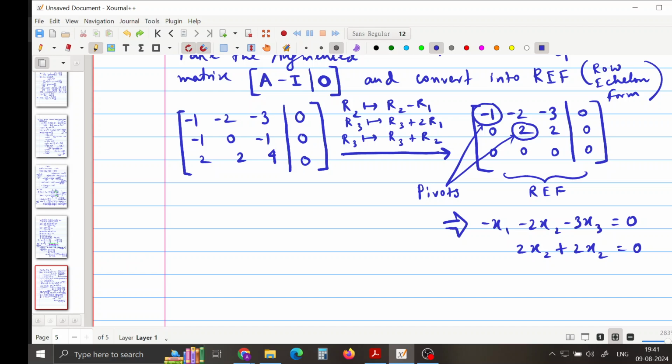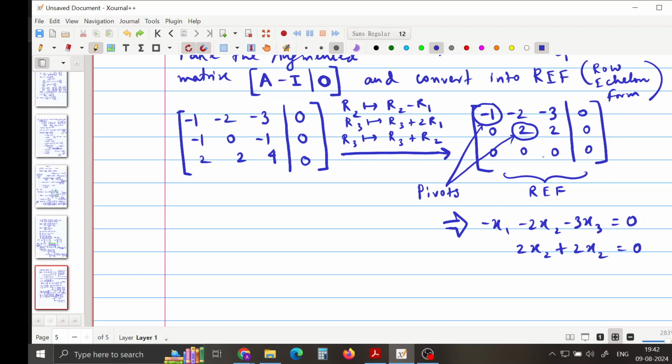On the other hand, for a consistent system, if the number of pivots is equal to the number of unknowns, then the system has a unique solution. But in this case, it has infinitely many solutions, and clearly x3 is our free variable.